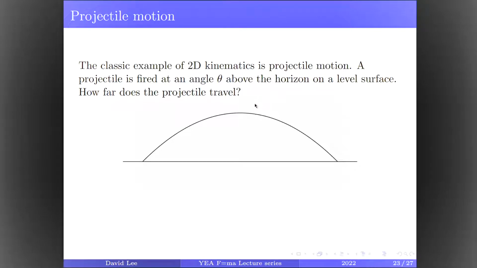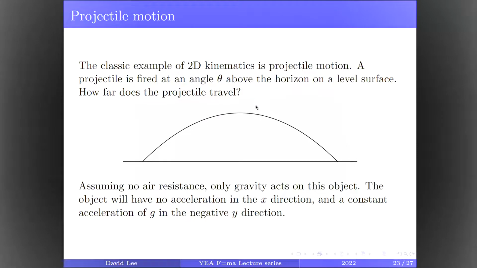Well, let's think about what's going on here. Assuming there's no air resistance, there's only gravity that acts on this object. In the x direction, there's no force that acts on the object.